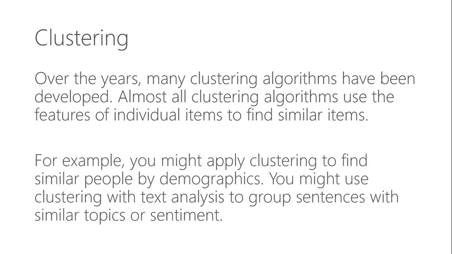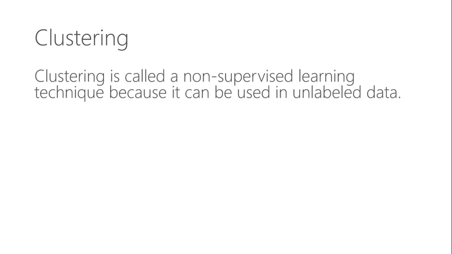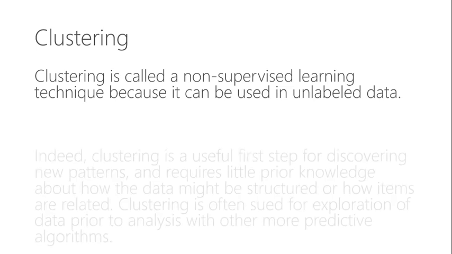For example, you might apply clustering to find similar people by demography. You might use clustering with text analysis to group sentences with similar topics or sentiment. Clustering is called an unsupervised learning technique because it can be used on unlabeled data.